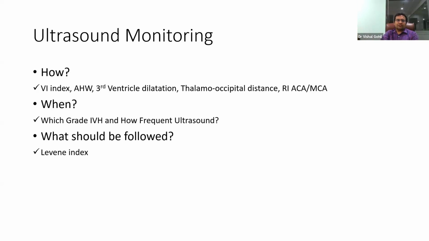As I told you, the ventricular index is the most reliable index currently, and people are used to following that one. The normal limit is given in the Levene index. What would the intervention be? We already discussed therapeutic lumbar puncture. If required more times, then we think about the reservoir and follow with a shunt.